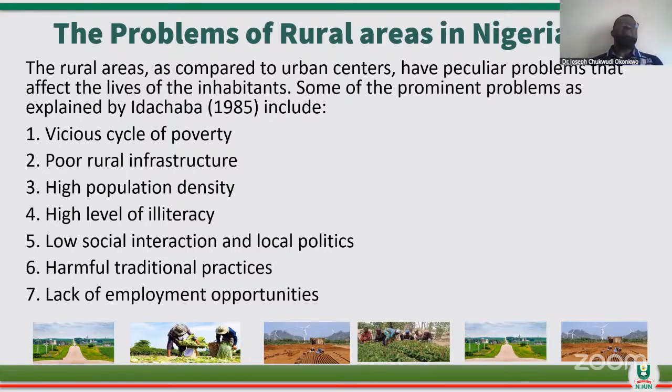Now, let's talk about the problems of rural areas. Now, let me say this while we are still at it. If you have a question, of course, I don't know, some of you have been in my class before, you can put up your electronic hand. I will give you the opportunity to ask your question, all right? Because here we interact a lot. Last week, we had a very healthy interaction among ourselves, and I'm expecting to have that interaction again today.